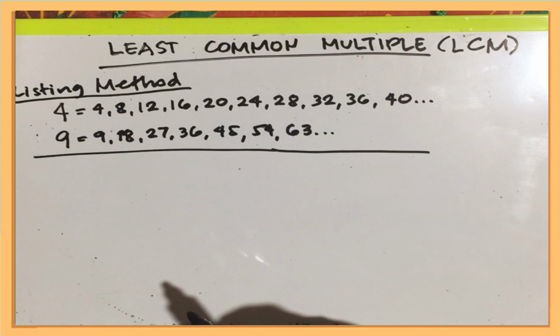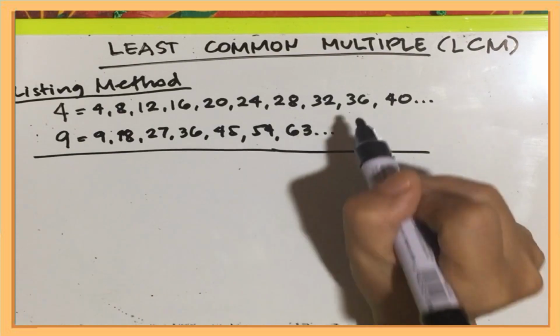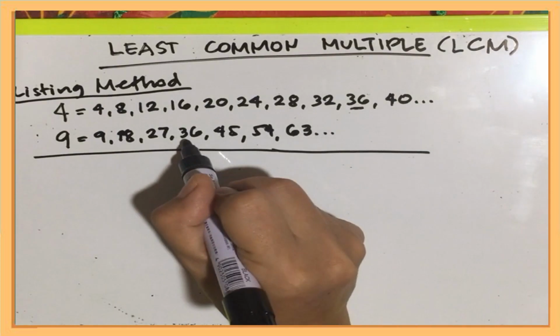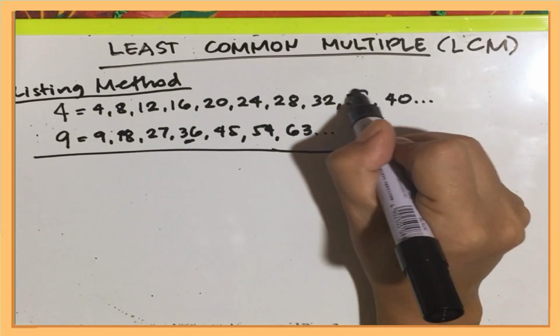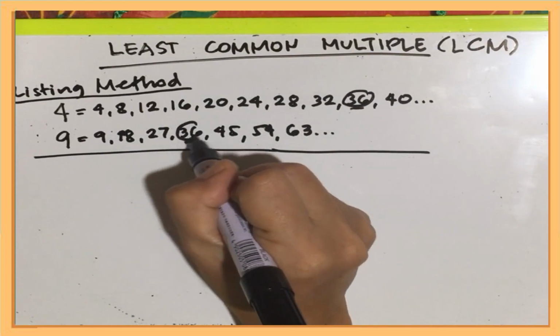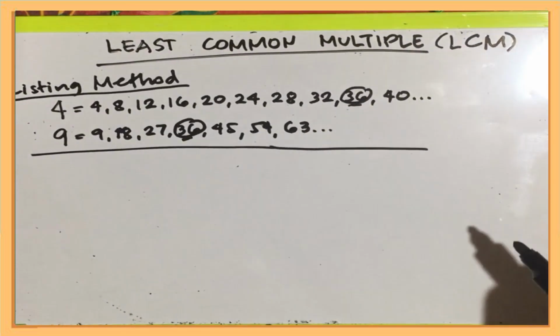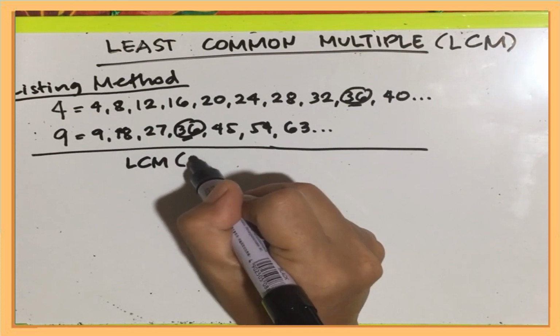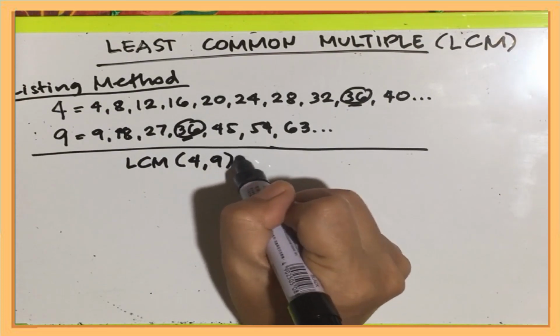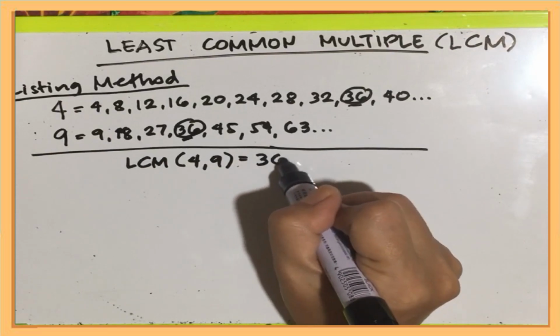So we have the common. Okay, here is the common. And the least, of course, this is also the least. The least means the smallest, the lowest. So the LCM of 4 and 9 is 36.